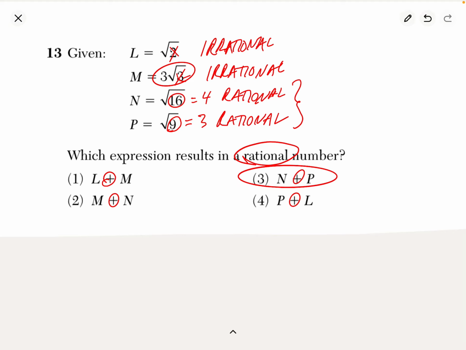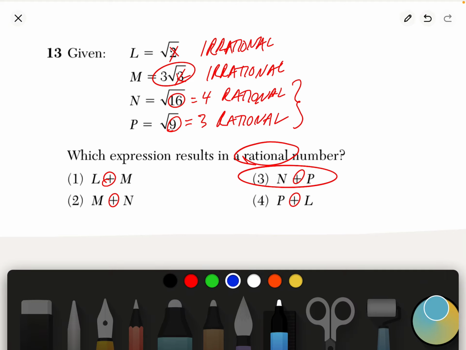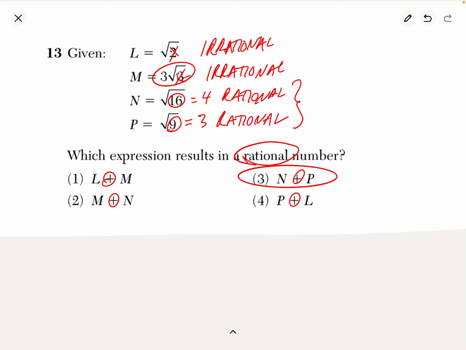Now I'm going to walk through, let me change the colors, the rest of this. If I add an irrational number to a rational number, or this is also an irrational number, I'm going to get an irrational number. Now, the second one, if I add an irrational number to a rational number, I still get an irrational number.